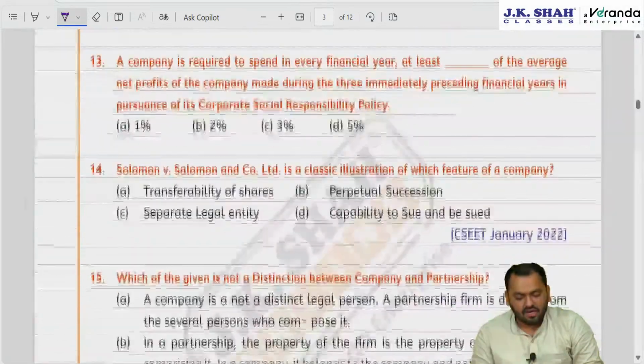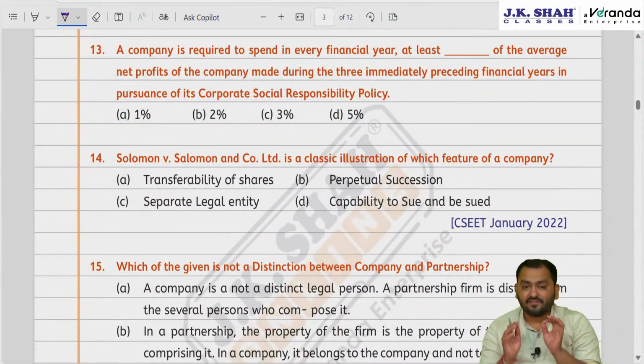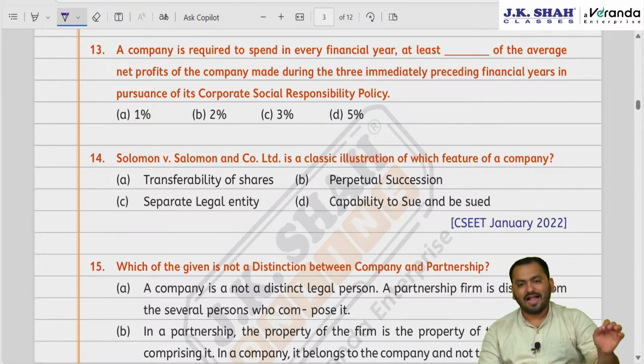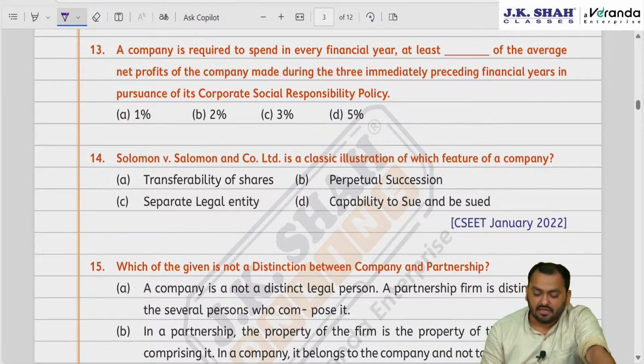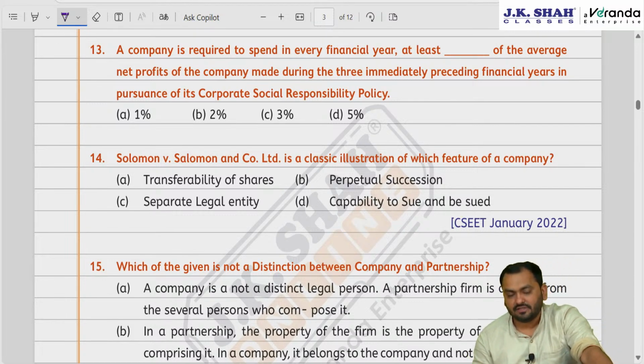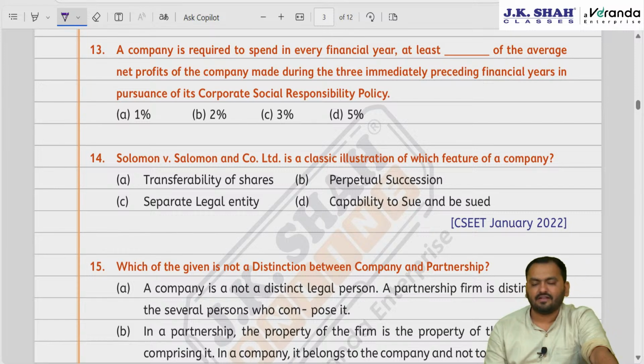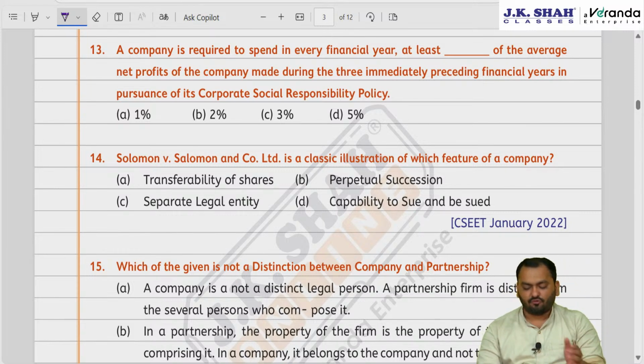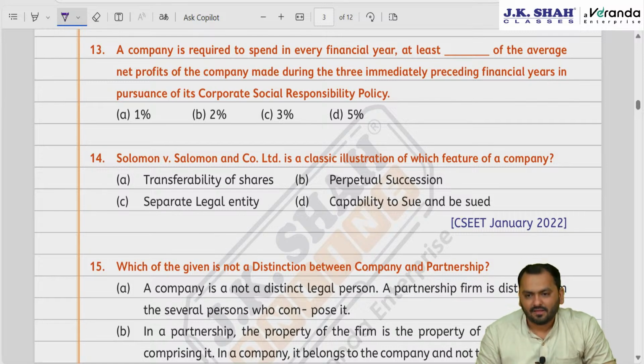Next. A company is required to spend in every financial year at least a dash of the average net profits of the company made during the 3 immediately preceding financial years in pursuance of its CSR policy. What is this? You know friends, CSR, Corporate Social Responsibility.